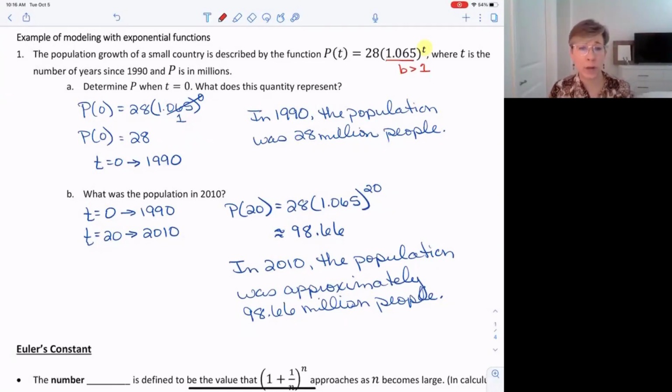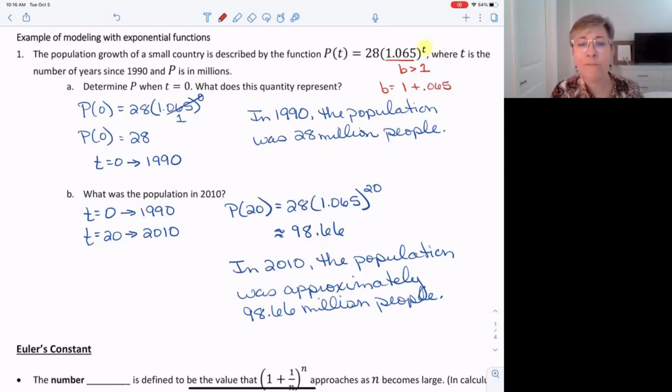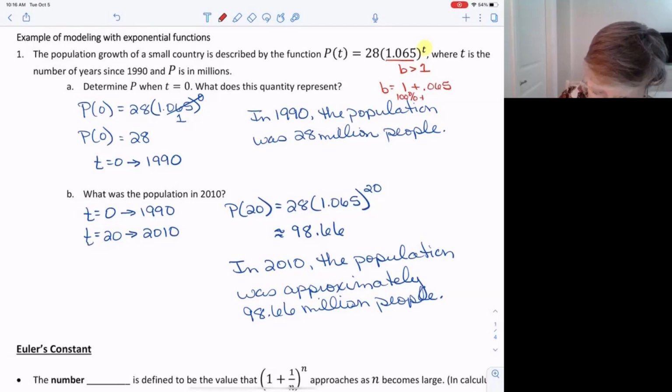Larger than 100%, you get the original back and then some. So basically, this b value is 100% of the original plus 6.5% of the original. 100% plus 6.5%. So it is, in fact, growing.